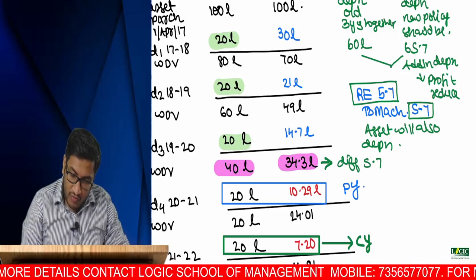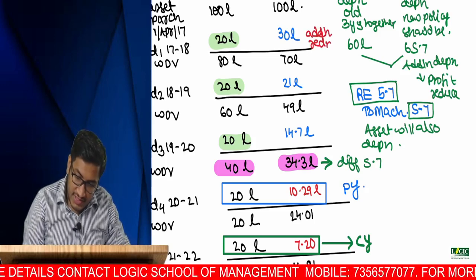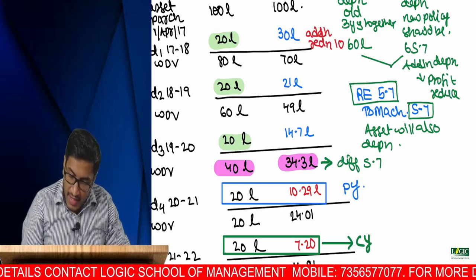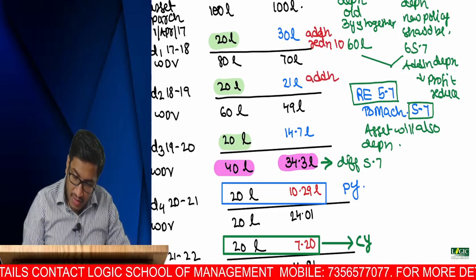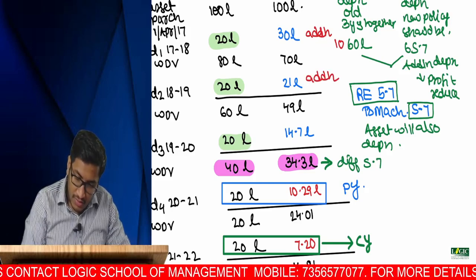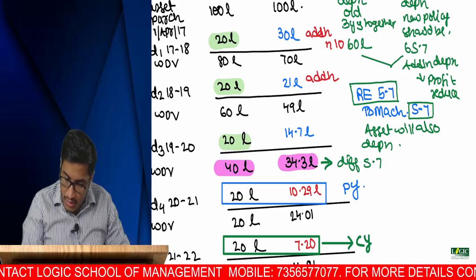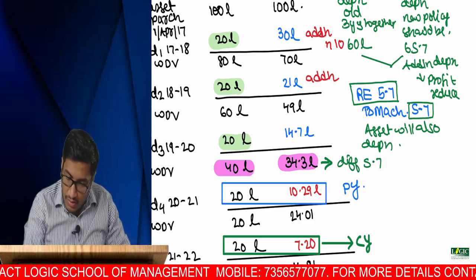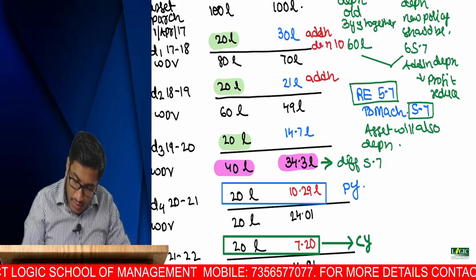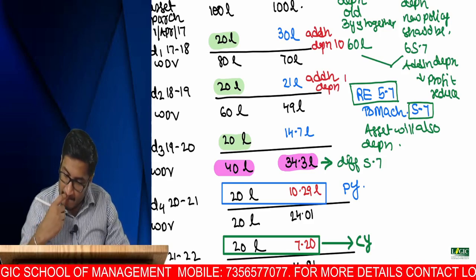Individually, year one, you have to recognize additional depreciation. How much is additional depreciation required? Additional depreciation 10 required. Here, additional depreciation 1 rupee required.